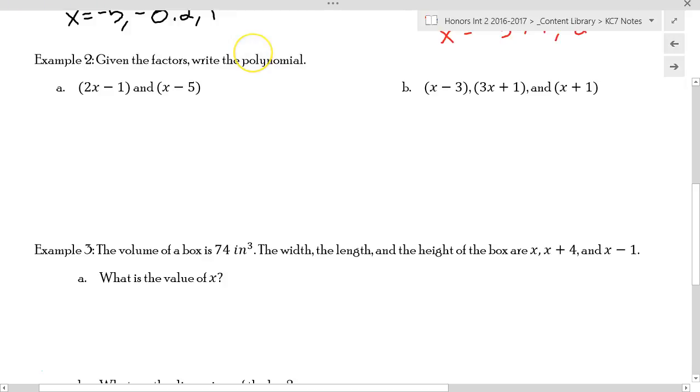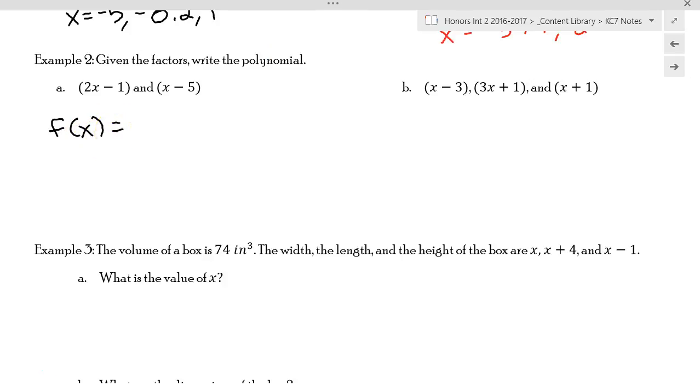We're going to start our polynomial always by writing f of x first. So f of x equals, if these are my factors, all I'm doing is multiplying them. 2x minus 1 and x minus 5.